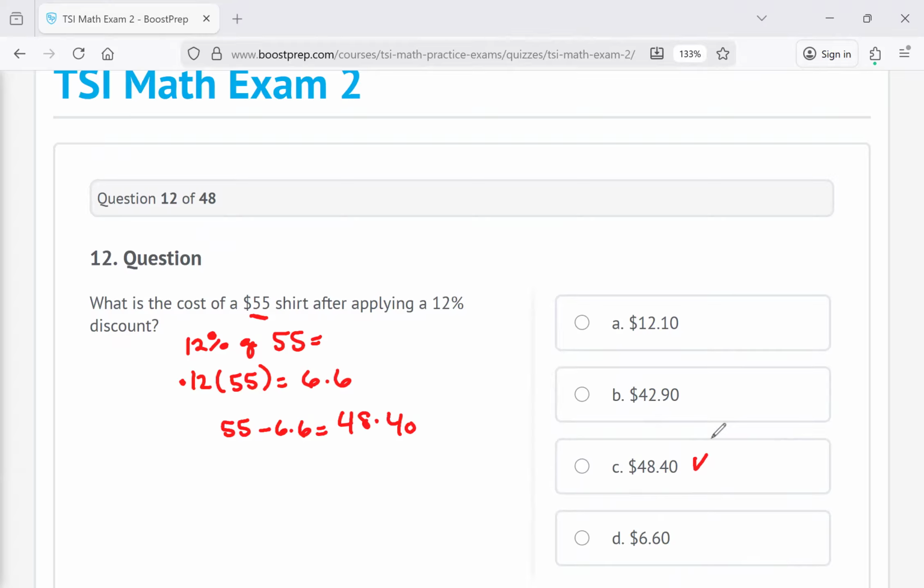C. Is that the only way? Is there another way? Let's see.